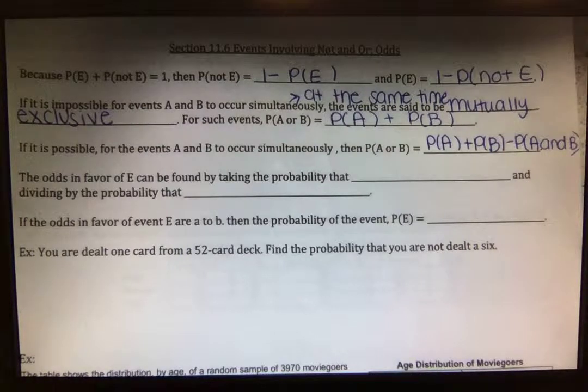Remember, going back to our Venn diagram stuff, whenever you have a Venn diagram, and the events happen at the same time, we had to subtract some of it because they'd already occurred more than once. So it's the same concept here. We're subtracting the things because they're already accounted for with A and B. Going back to our Venn diagrams, the probability of the event A happening is this whole A circle, plus the probability of event B happening, this whole B circle.